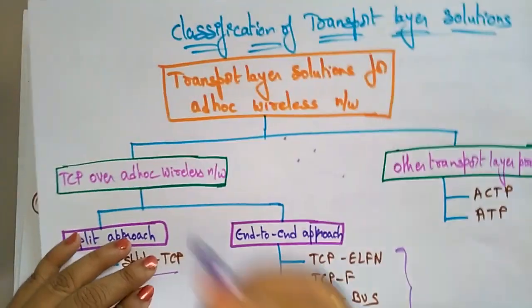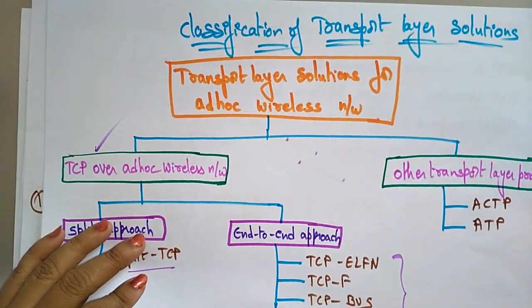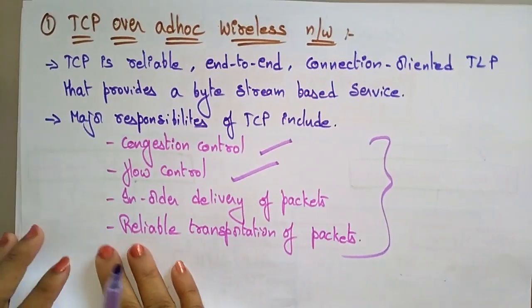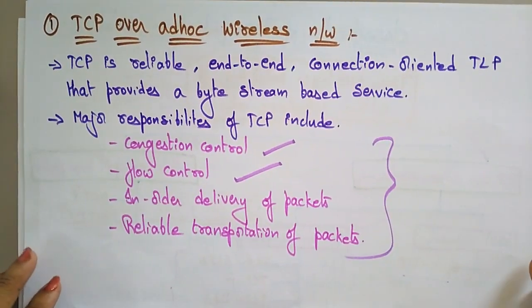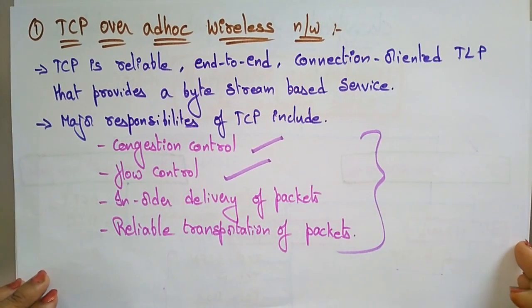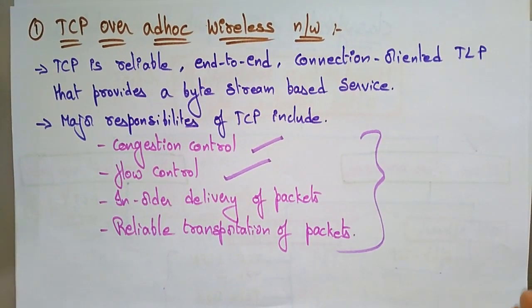First we'll know about the TCP over ad hoc wireless networks. Here the TCP is a reliable end-to-end connection-oriented transport layer protocol that provides a byte stream based service. We already know that TCP is reliable, end-to-end and connection oriented.